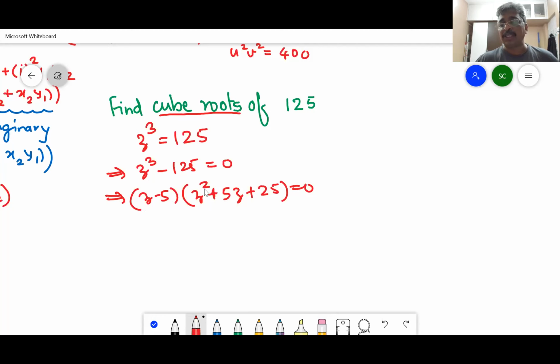Now, if you solve this quadratic equation, the theory of equations tells us that this will give us 2 more roots.